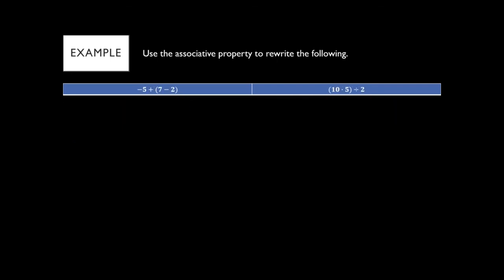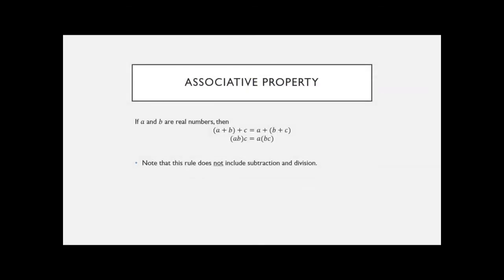All right, so I wanted to throw in some that have subtraction and division because, as I said in the beginning, the associative property does not work for subtraction and division. The rule is for adding things and for multiplying, not subtraction and division.